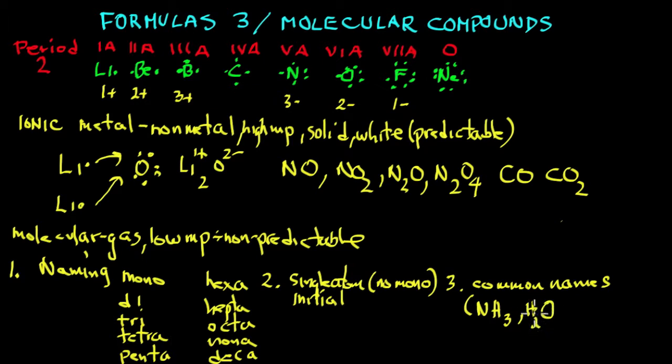This should be dihydrogen monoxide. What do we call it? Water. This is a very common compound. Carbon tetrahydride, no, it's called methane. So there are a number of common names.